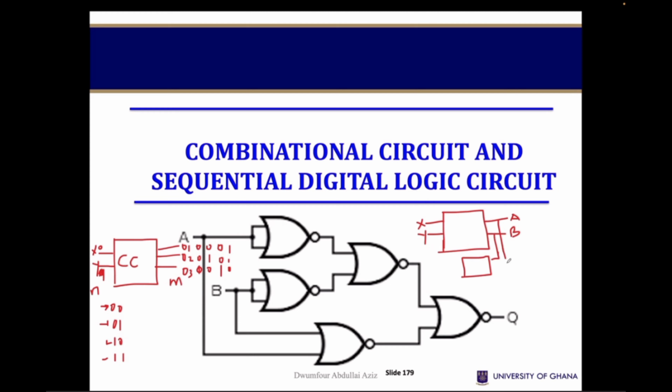So this output is stored. When the value of X and Y changes, let's say X and Y were 0,0 before, this output is 0 and this is also 0. So now we have 0,0 stored here. The issue is that this always comes back as feedback.